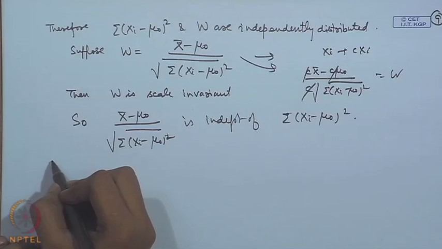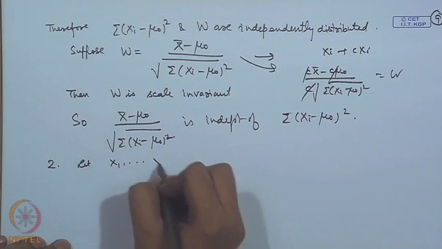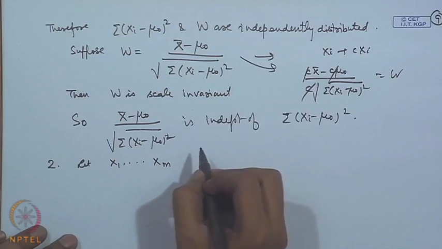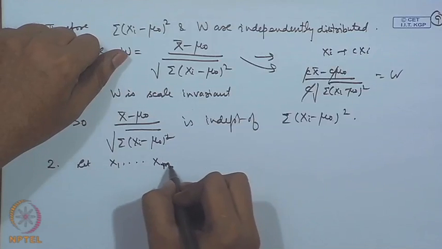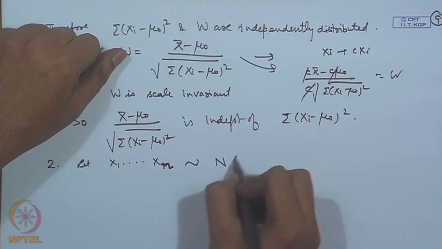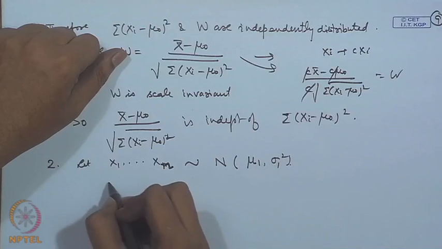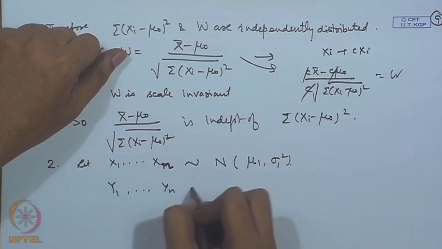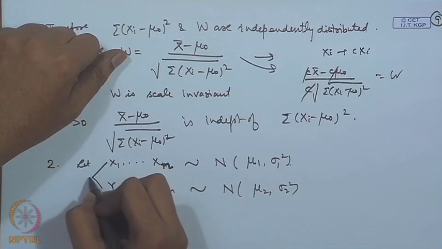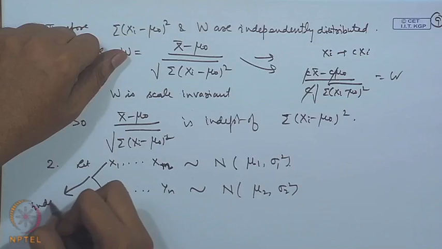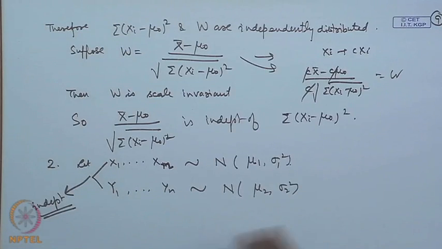Let me take another example here. Let x 1, x 2, x n be a random sample from normal mu 1 sigma 1 square, and y 1, y 2, y n be another random sample from normal mu 2 sigma 2 square. I also assume that these two samples are taken independently.